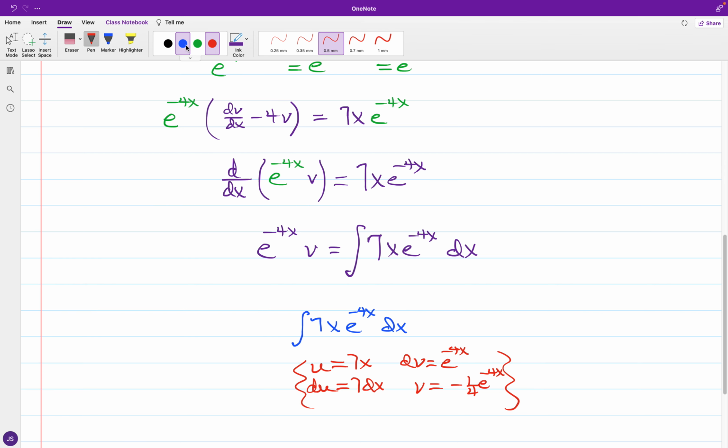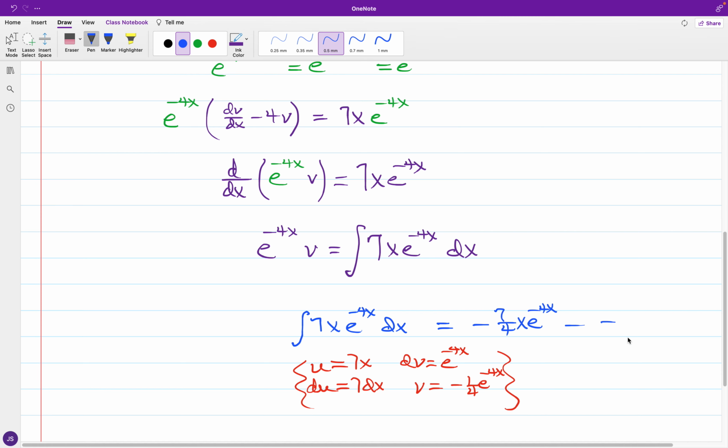And for the follow-through, for the u times v, we're going to have minus 7/4 of x times e to the negative 4x, and minus the integral of v du.